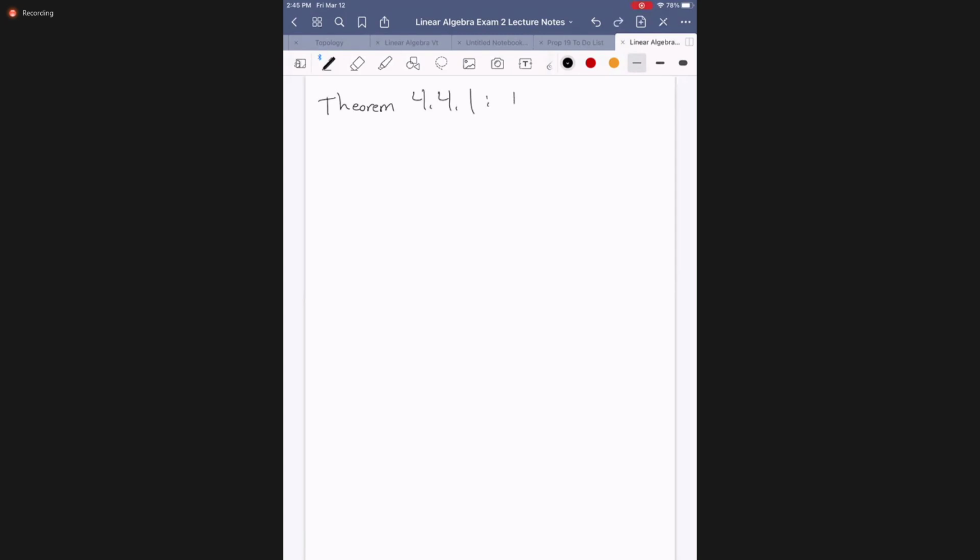If S is a subset of V, where V is a vector space, then span of S is a subspace of V. Now not only is it a set, it actually has the structure of a vector space.